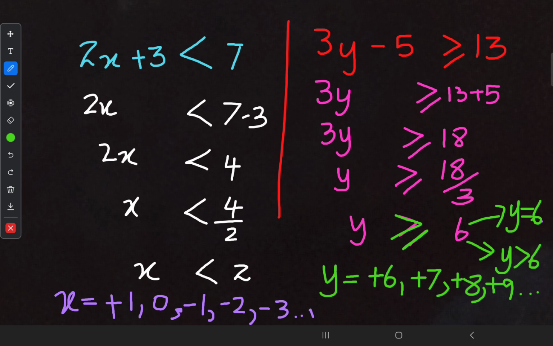Equal means that's easy: x = 2 means only 2. But here there is an inequality, so x can hold the values which are less than 2. Y can hold the values equal to 6 and greater than 6. That's how we found the range of y values.